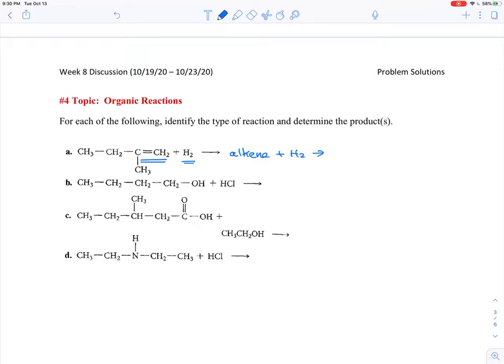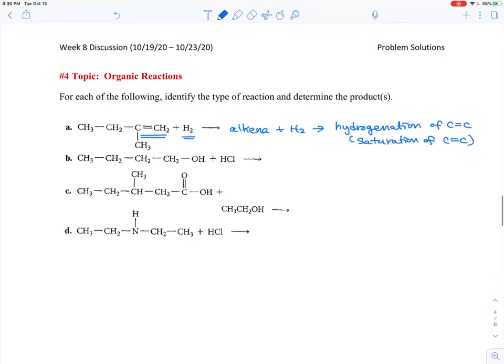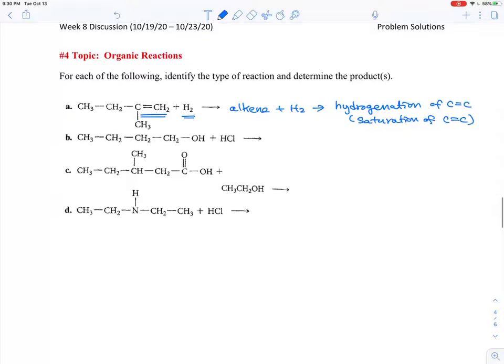And this is what we call hydrogenation. Sometimes people call it saturation of double bonds, okay? Hydrogenation of double bonds. And so what's the product of the A at the end?